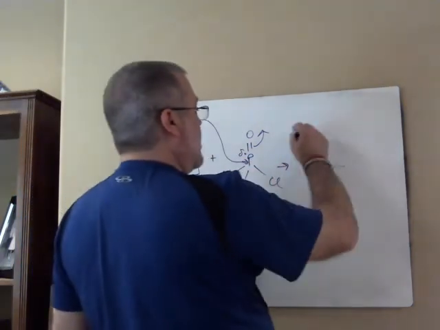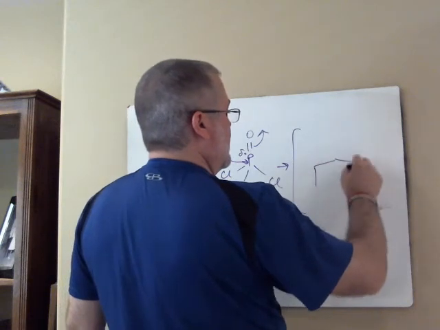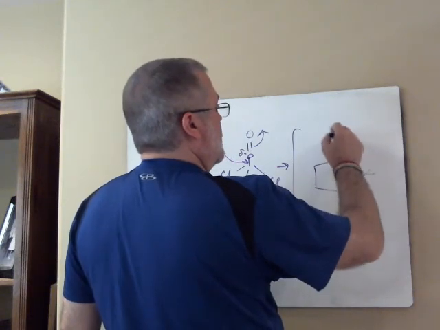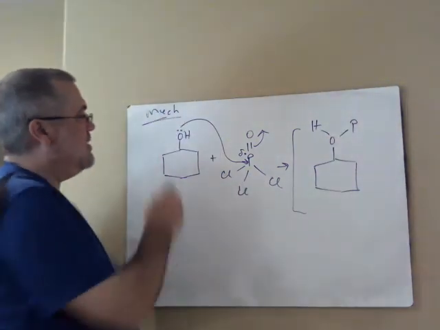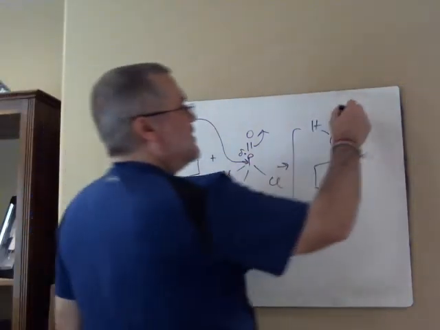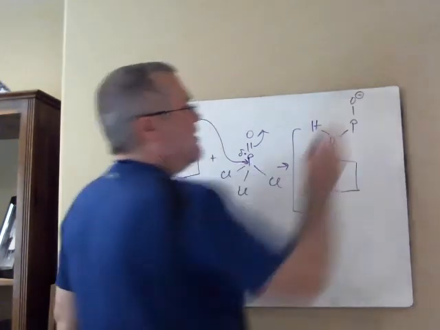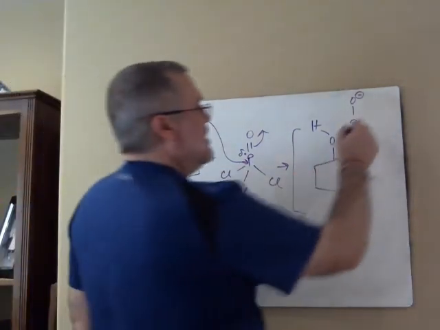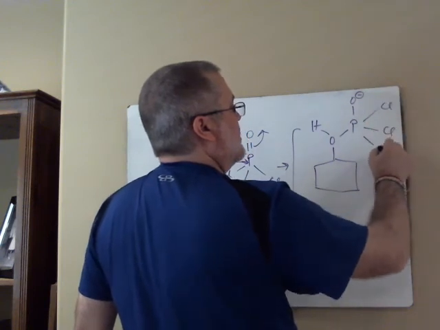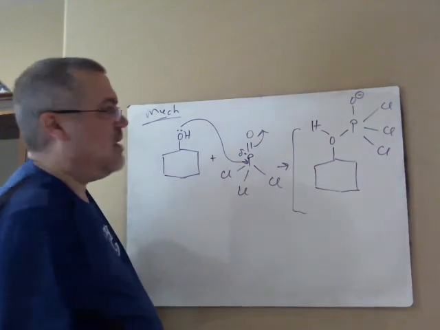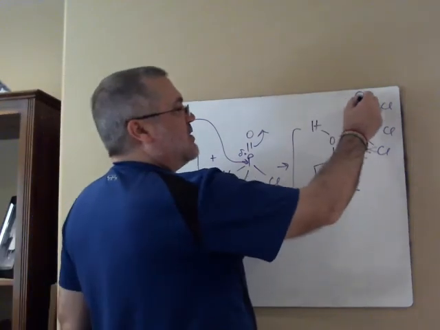So I can draw initially an intermediate where I've done what? Where I've formed a new bond between this oxygen and that phosphorus. That kicked the electrons out to that oxygen, and it has left 3 chlorines on here. Well, now these electrons can close back in.